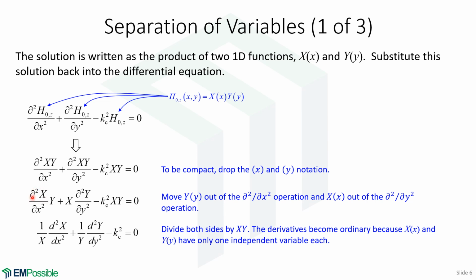Because if we look up here, we have a partial derivative with respect to x of a function that is only a function of x. So the partial becomes an ordinary derivative. And I can say the same thing about this second partial derivative. It's a partial derivative with respect to y, but capital Y is only a function of y. So the partial derivative is written as an ordinary derivative.